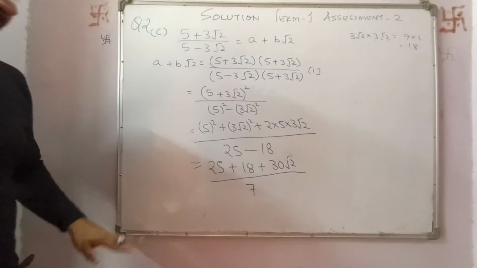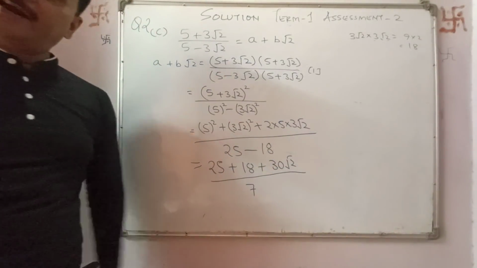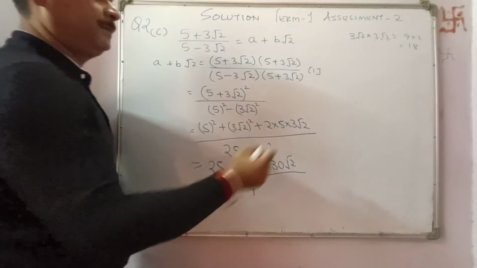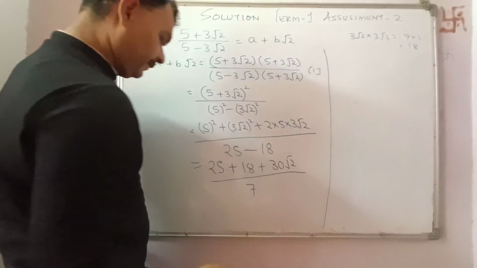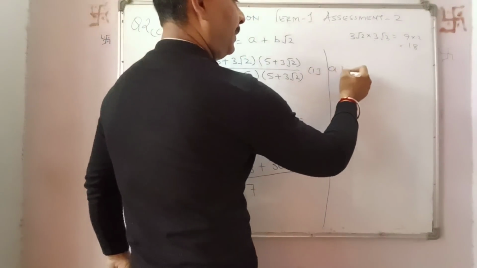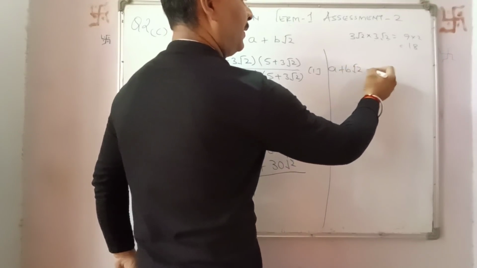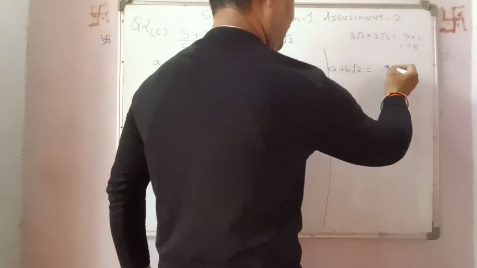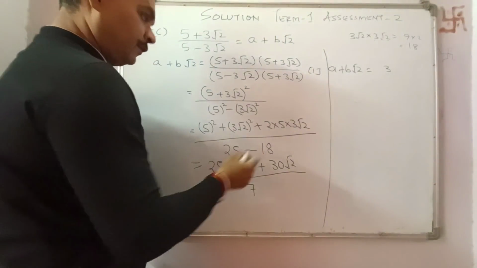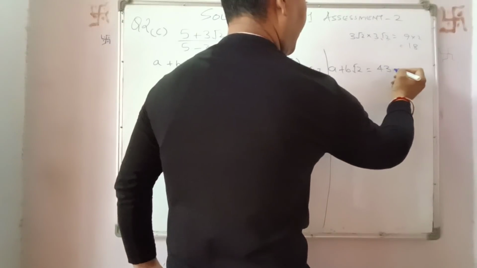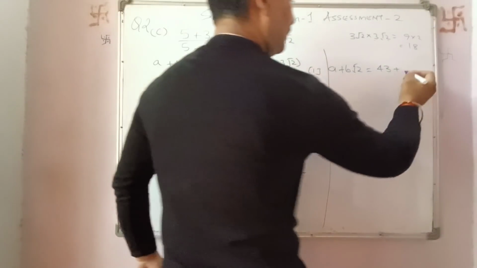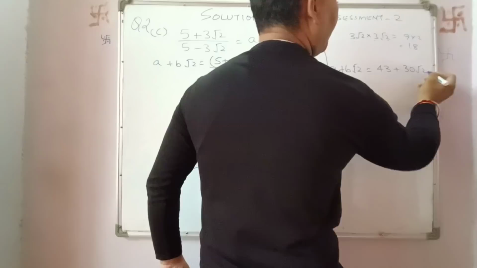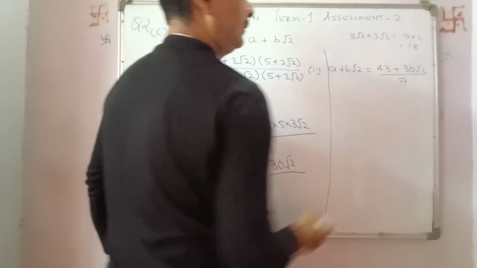Now we can add or subtract the like terms, so 25 and 18 are rational numbers, so we can easily add them. And we have a plus b root 2 is equal to 43 plus 30 root 2 by 7.